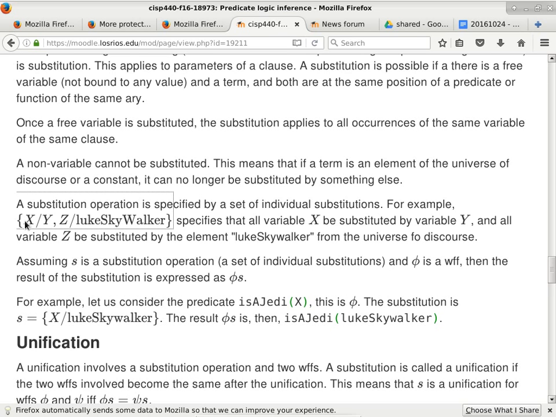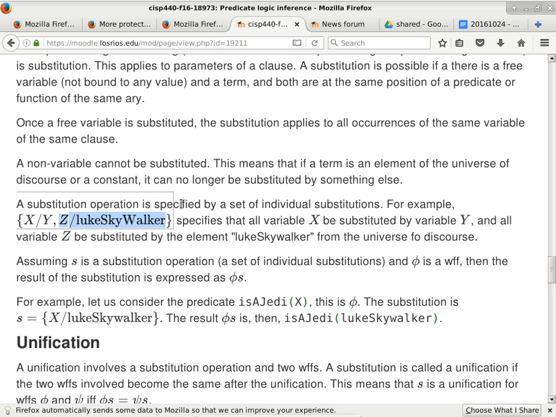So let's take a look at the syntax of one substitution. This is a substitution. We are substituting the variable x with the variable y. So we use y to replace x. In the second one, we have another substitution, but this time we are using a particular element of the universe, Luke Skywalker, to replace the variable z.